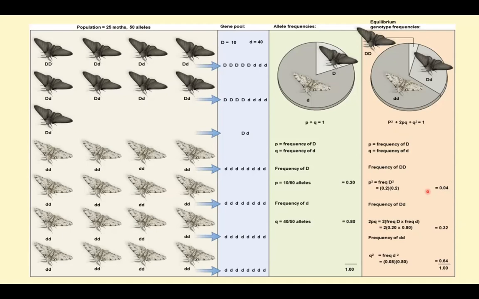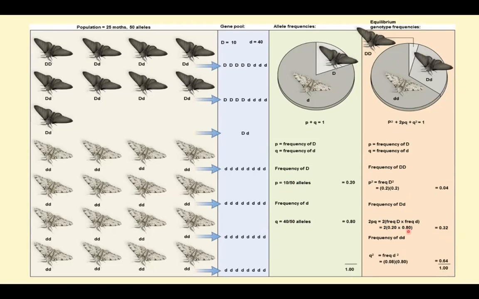So when you count frequency of D besar, D kecil, you have to use P and Q. Okay? So you masukkan dia dalam formula kat tengah ni, heterozygous, 2PQ. So 2 darab dengan frekuensi D darab frekuensi D. So 2 in bracket 0.2 darab 0.8, which is Q. You get 0.32.